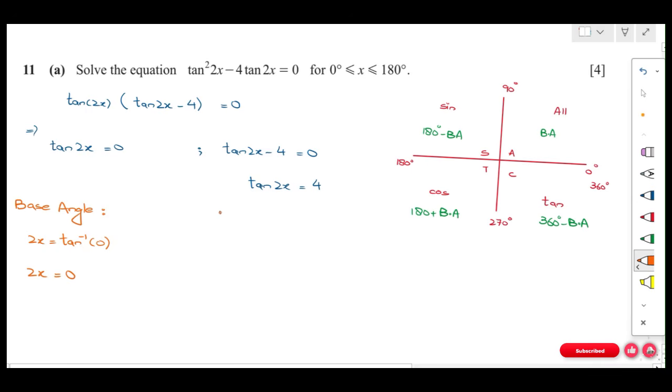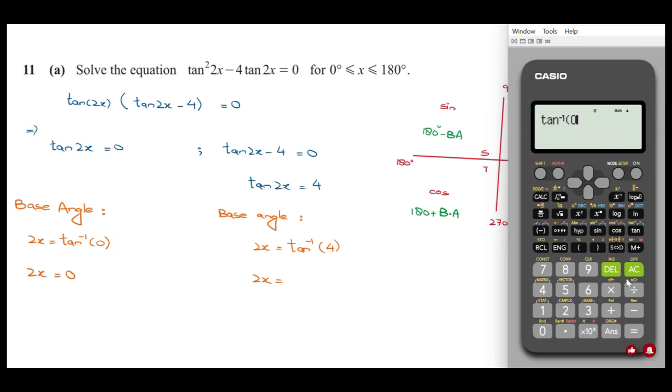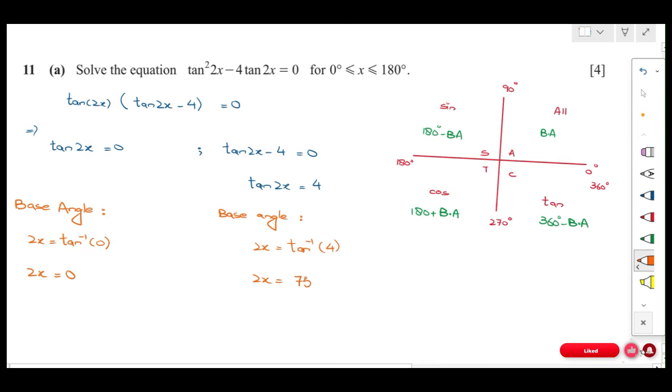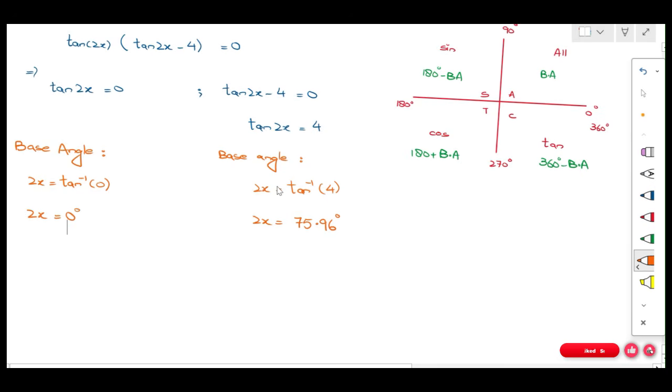Now the base angle for the other case is 2x equals tangent inverse of 4, which is 75.96 degrees. Okay, now we are done with the base angles.